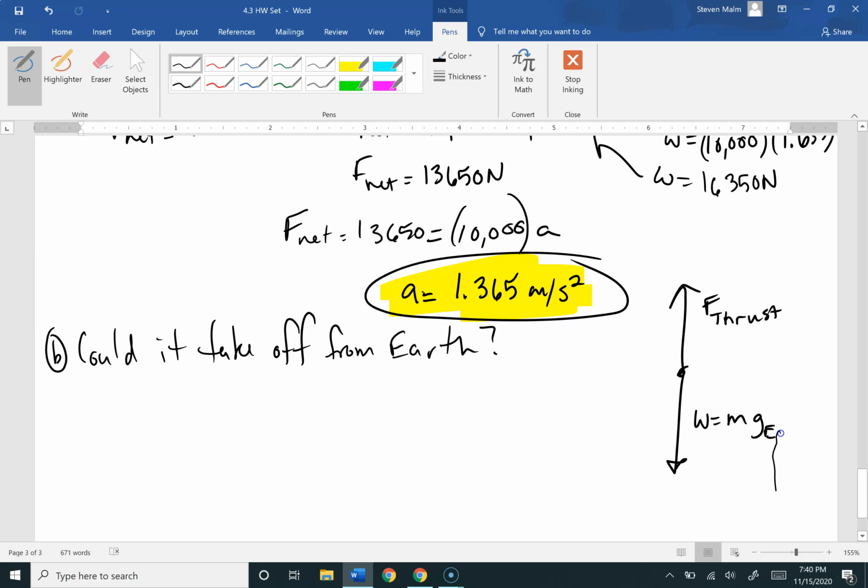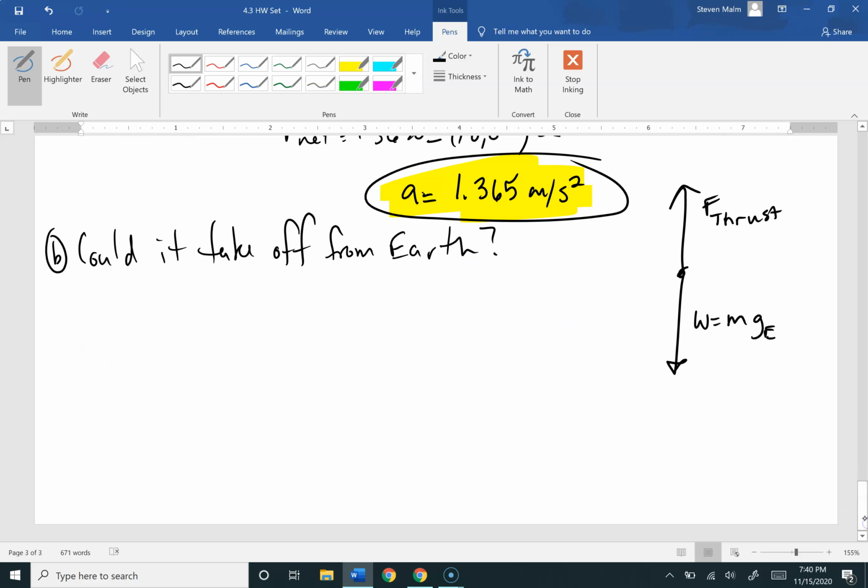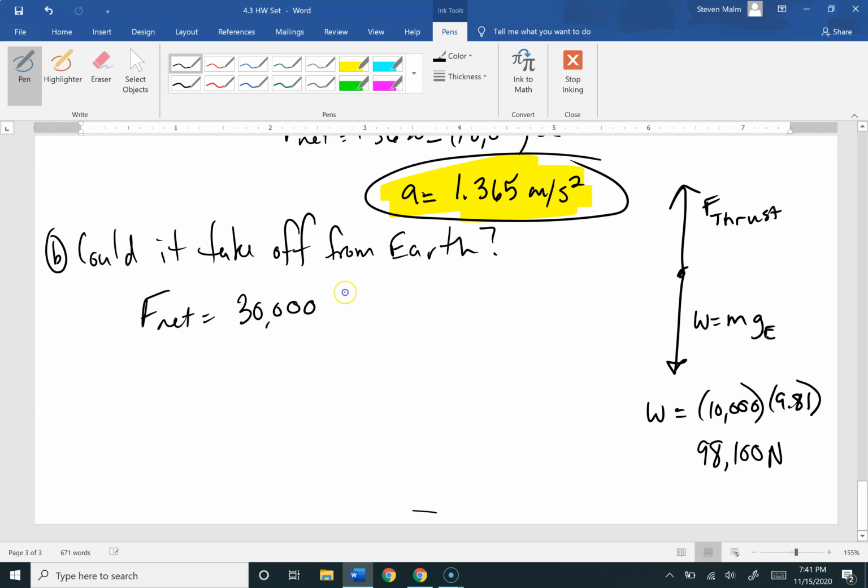So in this particular case, weight would equal the 10,000 kilograms times the 9.81 meters per second squared on Earth. That would give us a force of 98,100 newtons.